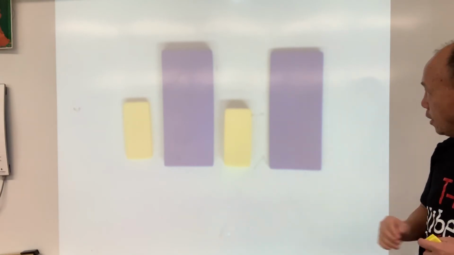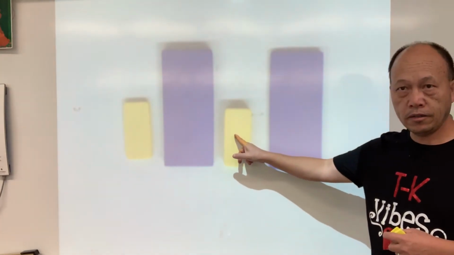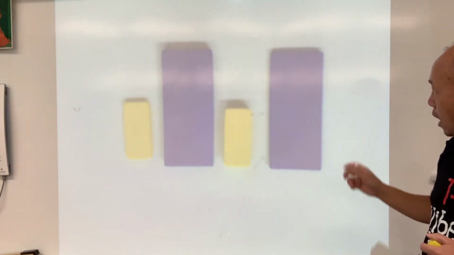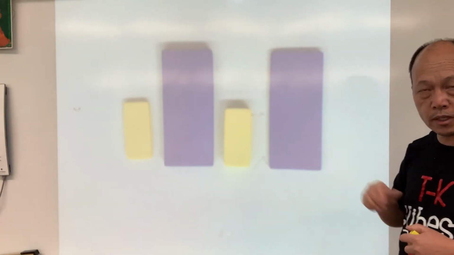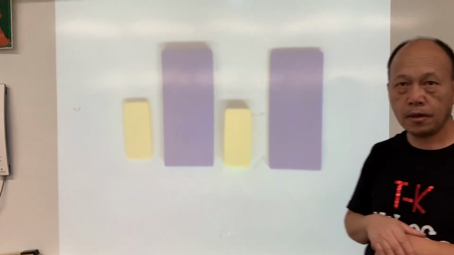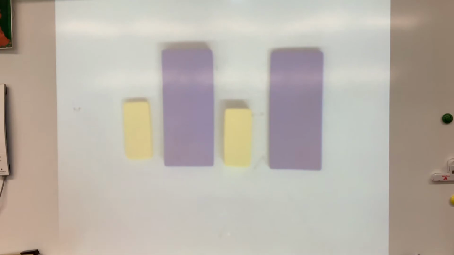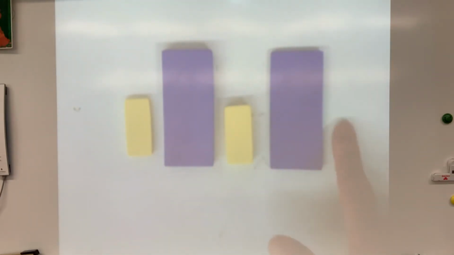Is it going to be a small yellow rectangle, or is it going to be a big blue rectangle? And the answer is, it's going to be another yellow rectangle, because to repeat the pattern, yellow, blue, yellow, and then blue again after that.